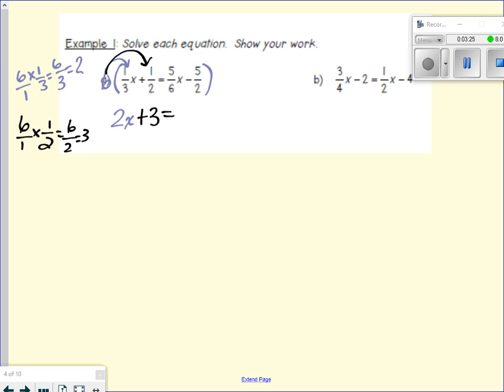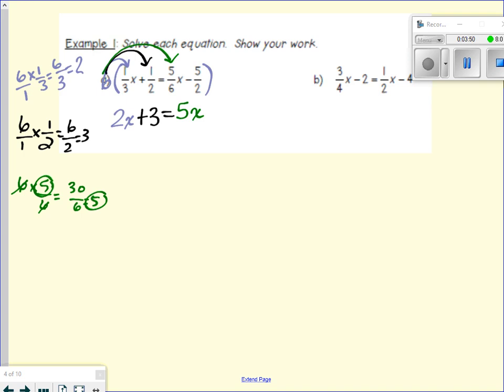Bring down your equal sign. Now we have 6 times 5/6. Well, 6 times 5/6 is 5. If you just simplify across, you are left with just 5, so that's 5x.